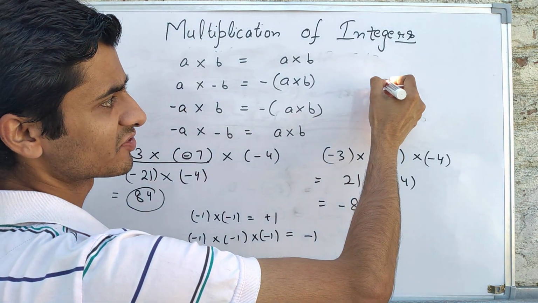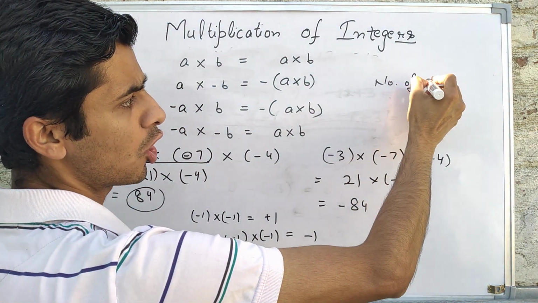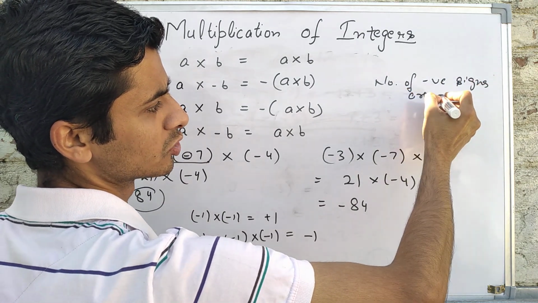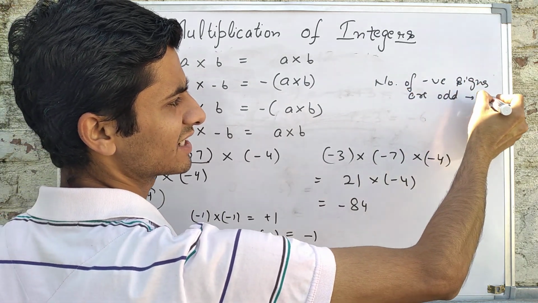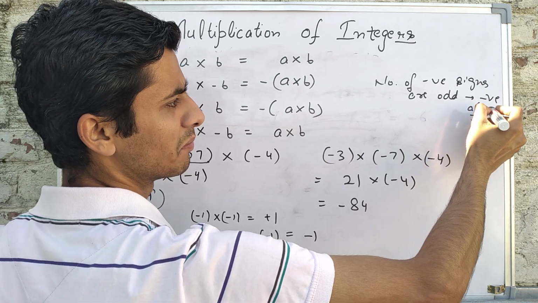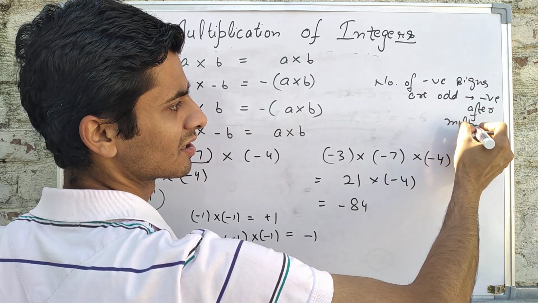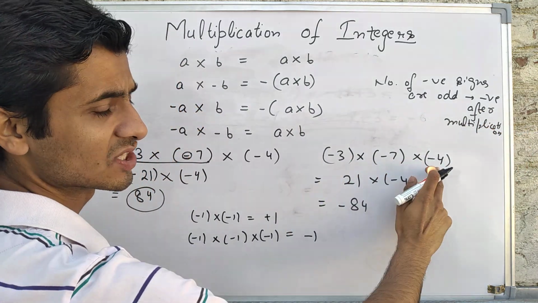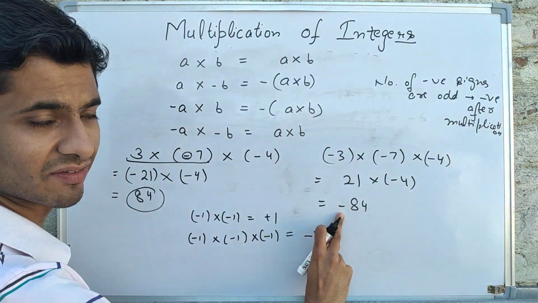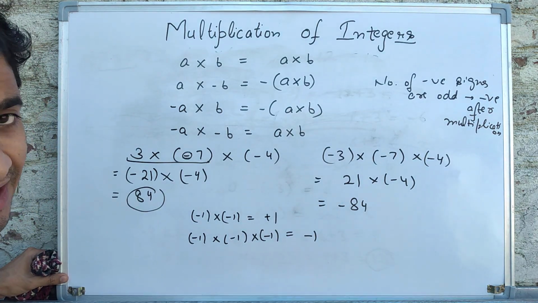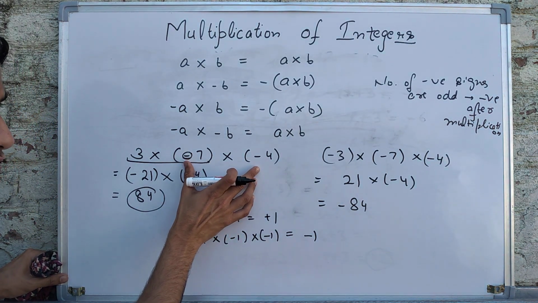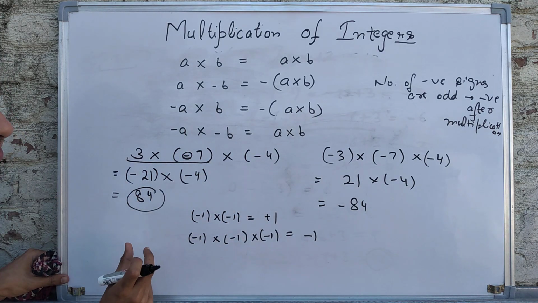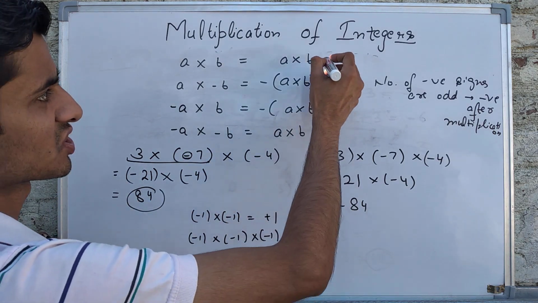If the number of negative signs is odd, like 3, the result would be negative after multiplication. And if the negative signs are even, like 2 or 4 or 6 or 8, then the result is positive. So this was something about multiplication of integers.